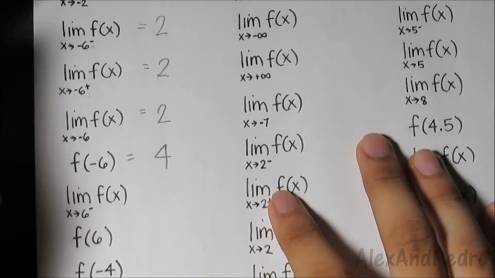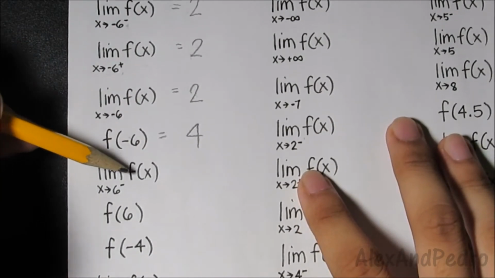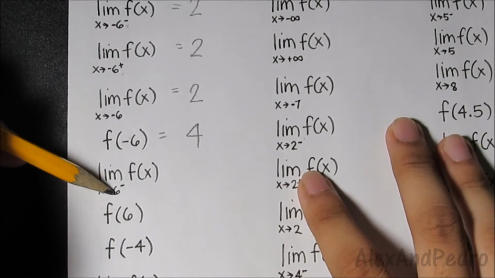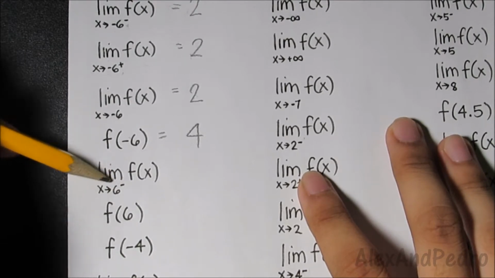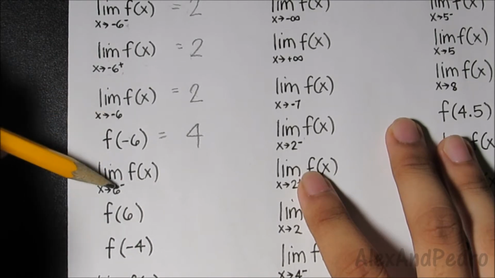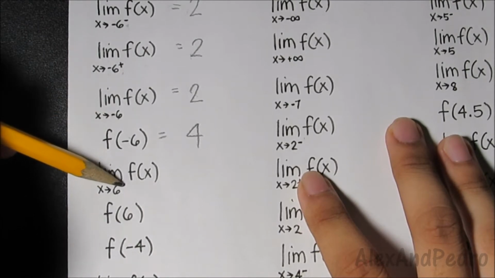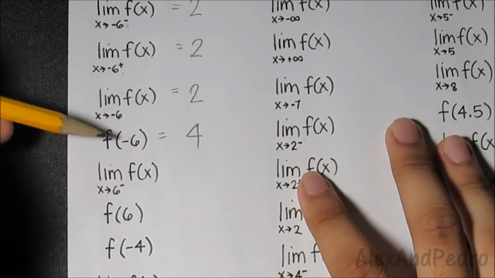Okay. Remember, also, look at this next limit. So f of x, okay, it says here 6 from the left. Don't confuse this with this one. The minus sign should be in front, on the right side of the number, to see if it's from the left or from the right.